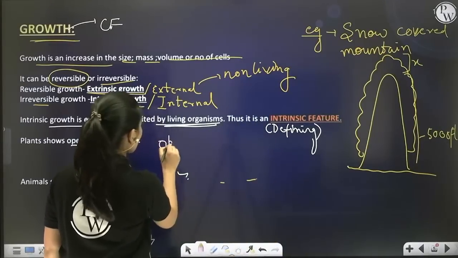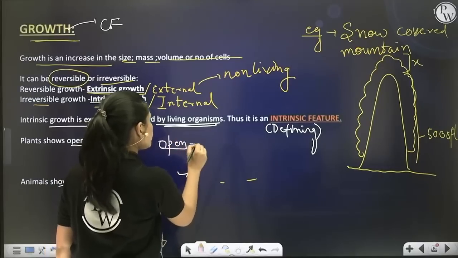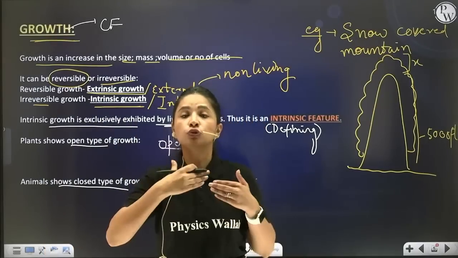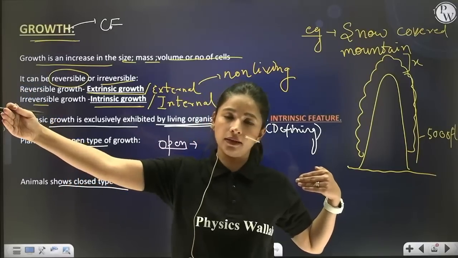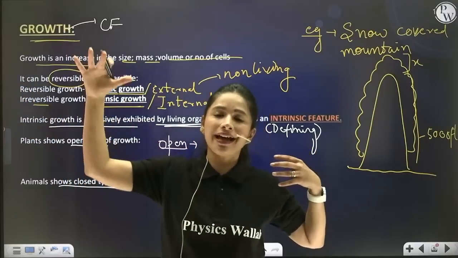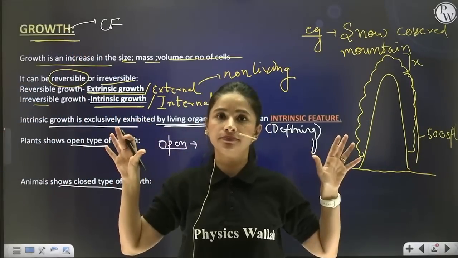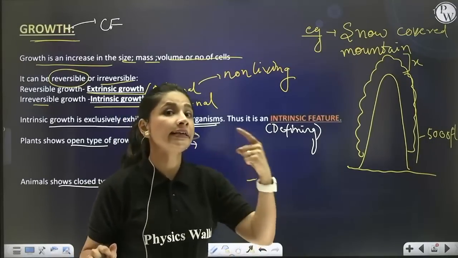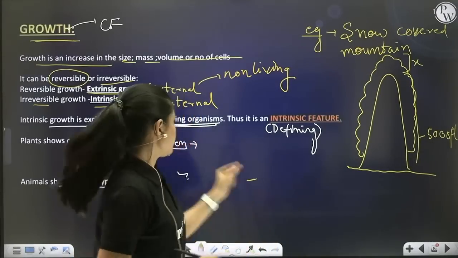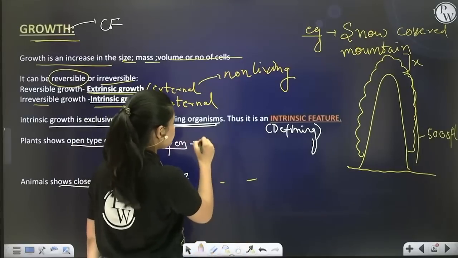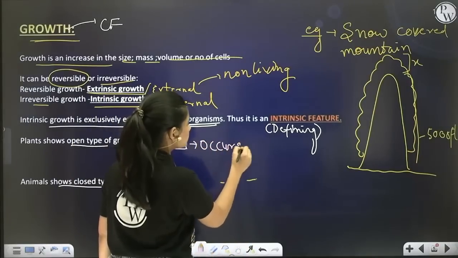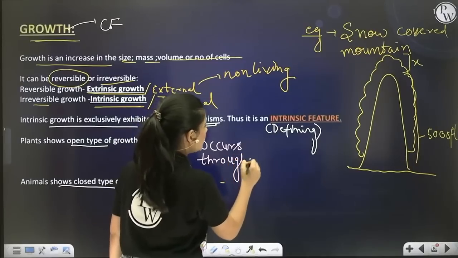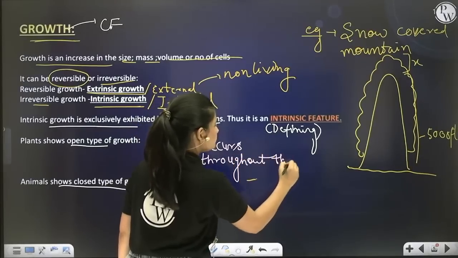If I am going to talk about open type of growth, open means the growth which can occur throughout the lifespan. Till the time you are alive, body is growing, right? So open is also known as indeterminate or indefinite growth. Why? Because open type of growth occurs throughout the lifespan.